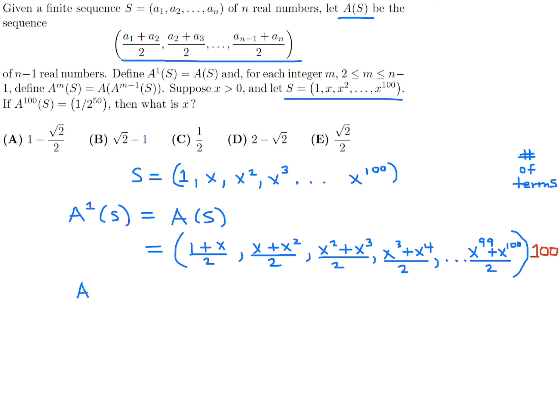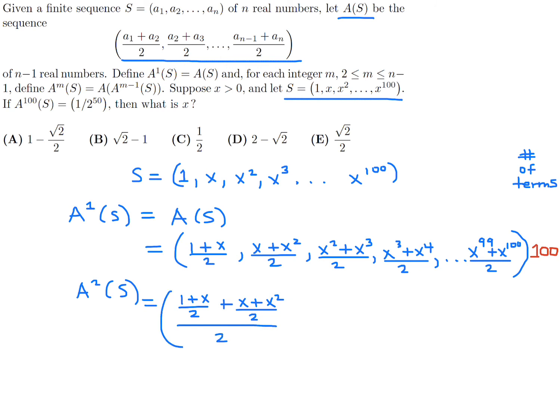All right, let's turn our attention to A2s. Okay, so again, attempt it. Don't get discouraged. Don't get intimidated. Same formula right up here: A1 plus A2. So this time, this is my first term. This is my second term. So (1 plus x over 2 plus x over 2 over 2) all over 2.